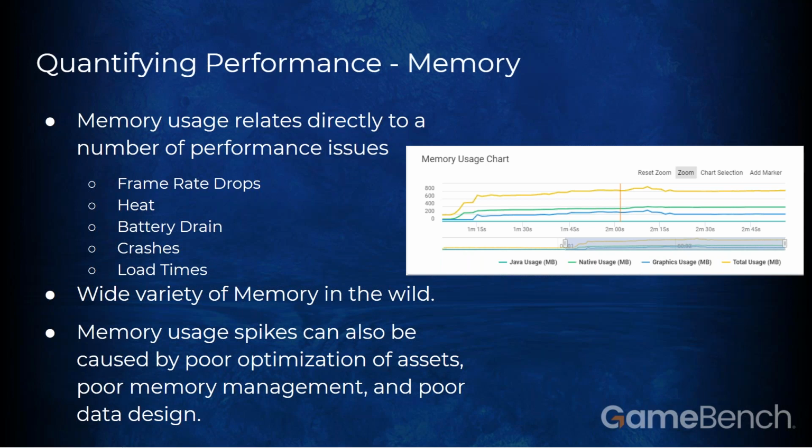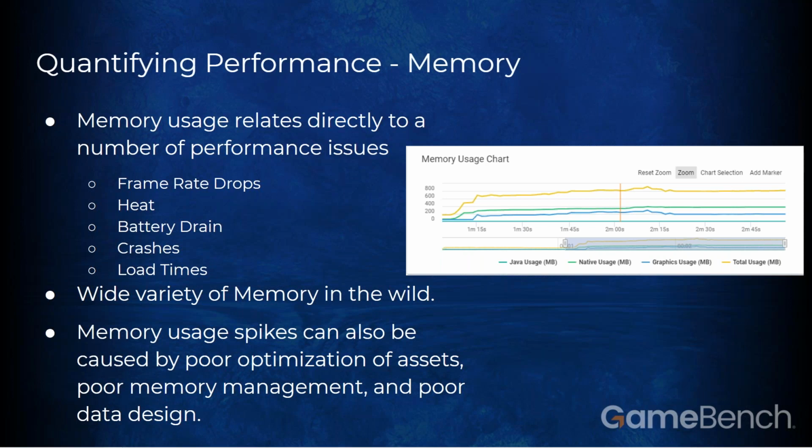Memory is probably one of the biggest issues around crashes, where you use too much memory and then the operating system comes in and just smacks you down. Says, look, you've exceeded your envelope. Now you're in an ANR state. Goodbye. And load times, load times are a huge issue. A lot of users complain about them, and that's directly tied to memory. How much are you taking off of the disk and putting into memory?